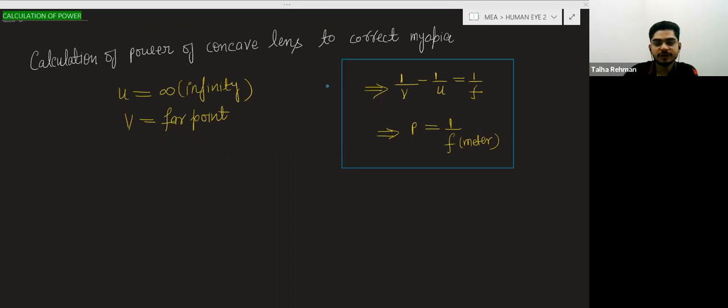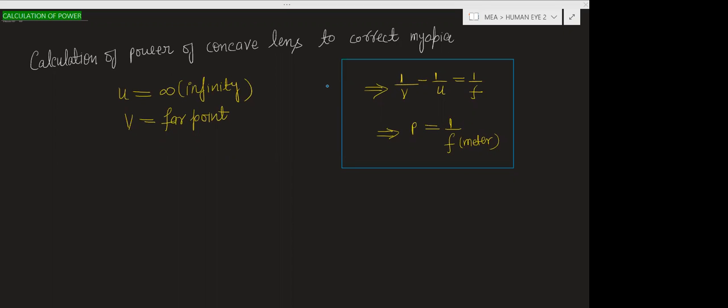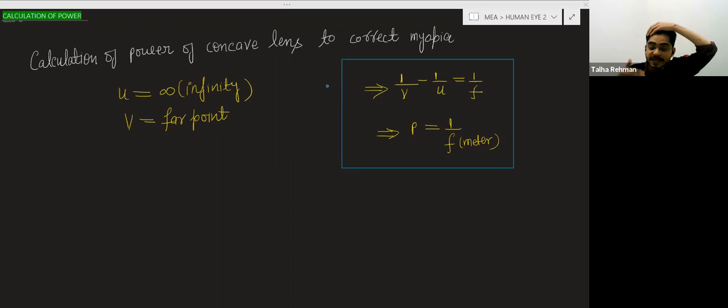Hamna, have you got the hypermetropia? Martin, have you got it? Yes, sir. Basically, in hypermetropia, what happens? The near point of the person becomes greater than 25 centimeter.